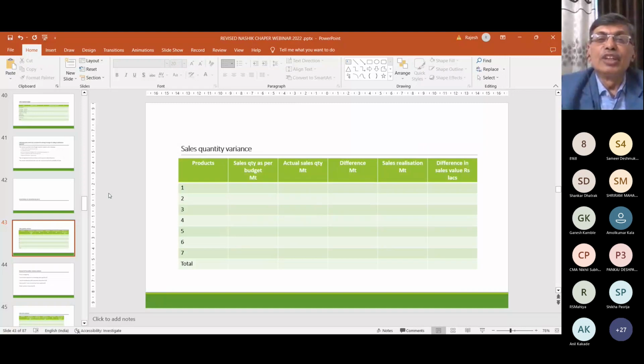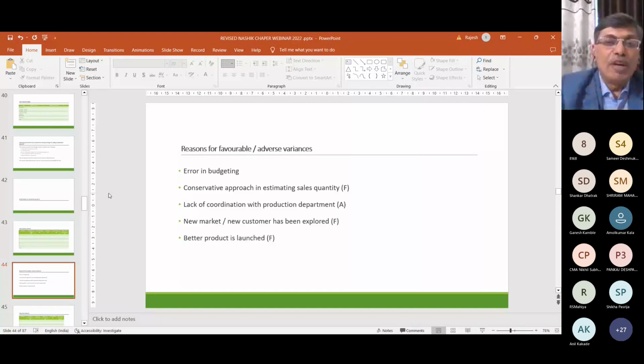Then sales realization per metric ton, and the difference in sales value. So the last column will say whether it is favorable or unfavorable for each product. And in totality it will be the summation of all the products for the company.